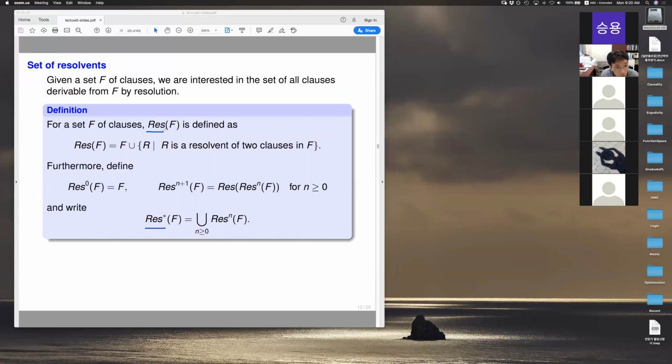What res does is that it takes a set of clauses, or a CNF formula expressed in terms of set representation.